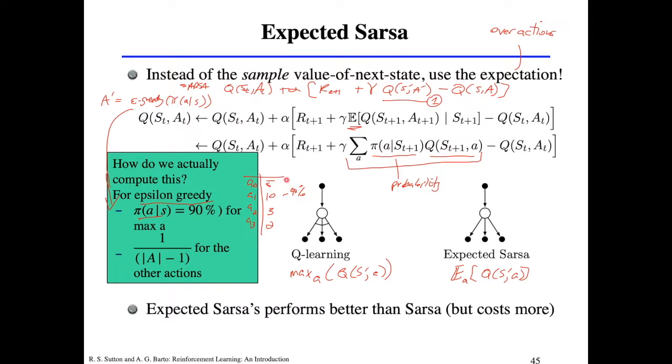And then the rest get a 3/10 chance of choosing all the others, so 0.333 for the other ones, and that will be your policy. In this case, you know those probabilities, you have them here. So whatever your policy is, you could include those probabilities here, and that's how you would weight them.